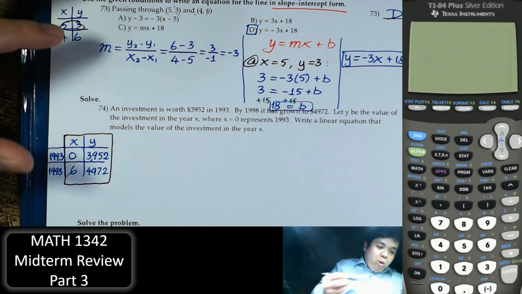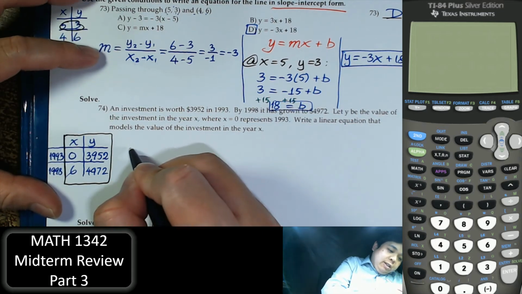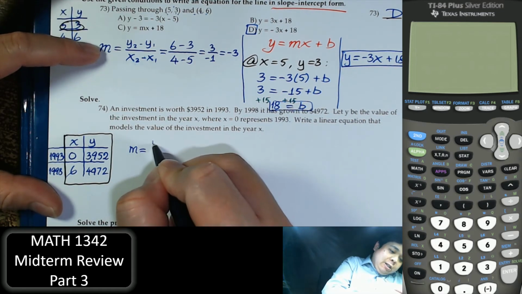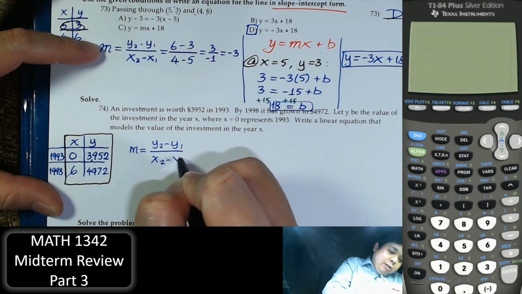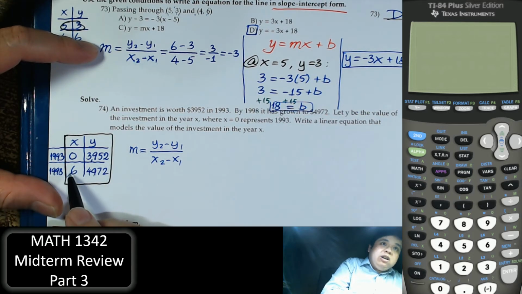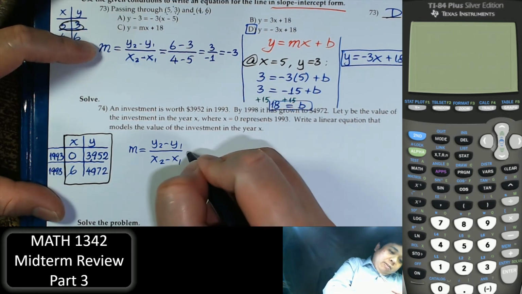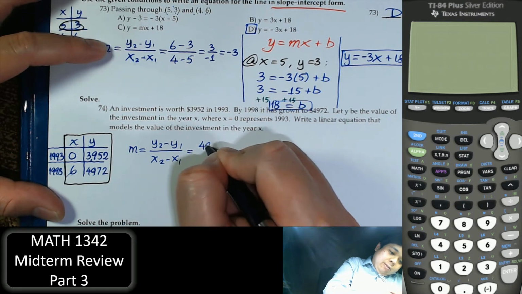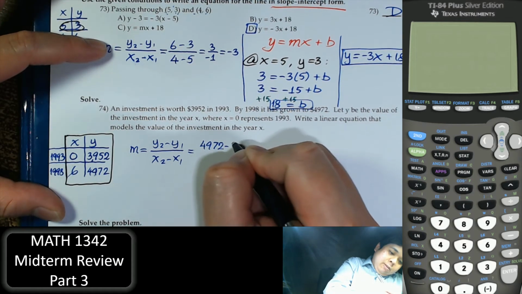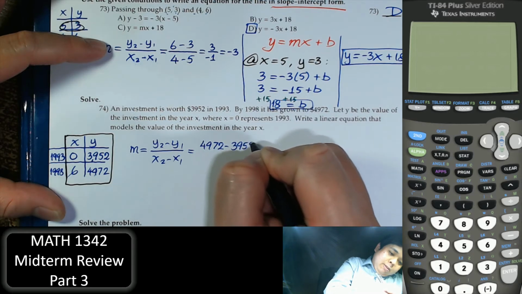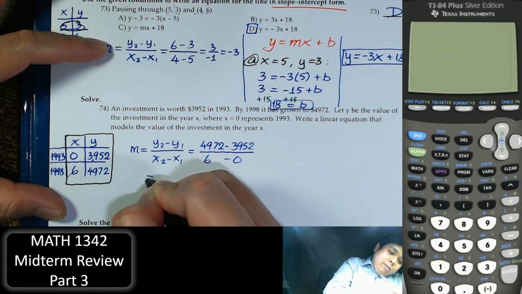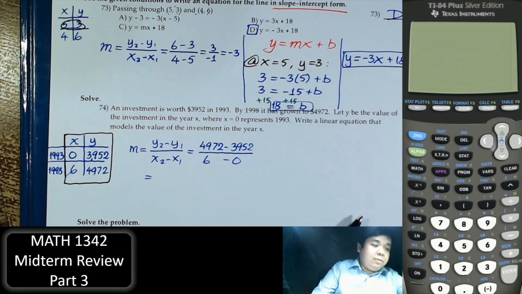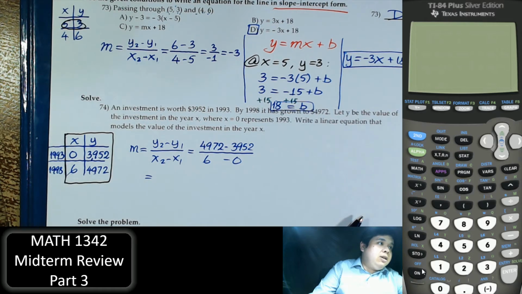And when we have 2 points, we can find slope. y2 minus y1 over x2 minus x1. Right? Pretty much divide by 6.